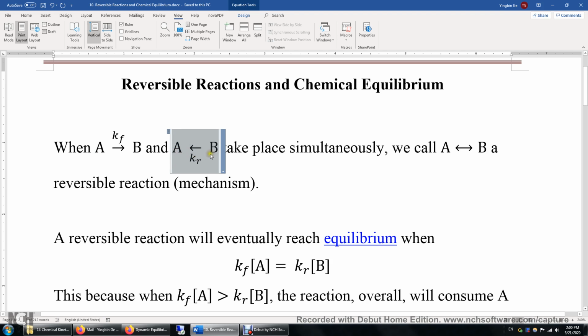The reaction rate from B to A is K sub R times B, because in this step, B is the reactant. Therefore, when K sub F times A equals K sub R times B, the forward reaction rate equals the reverse reaction rate.